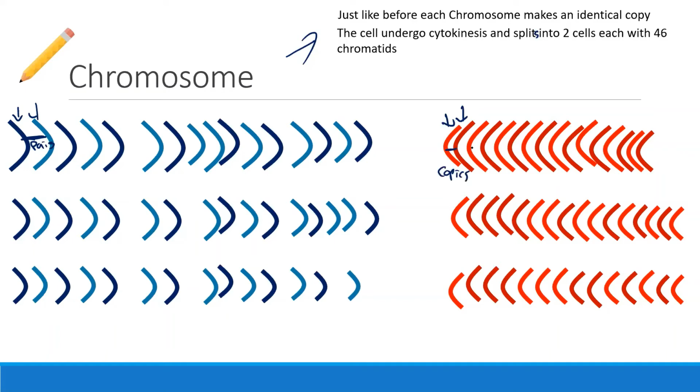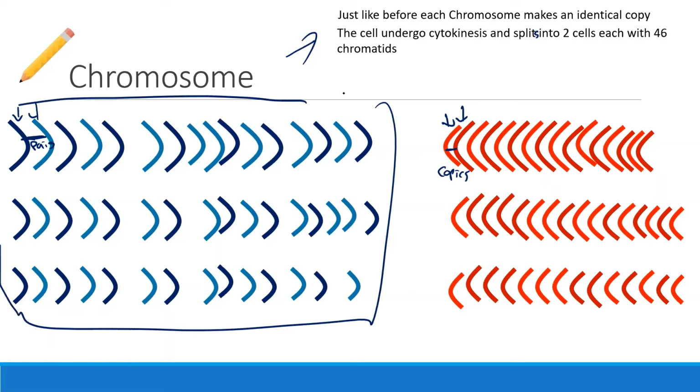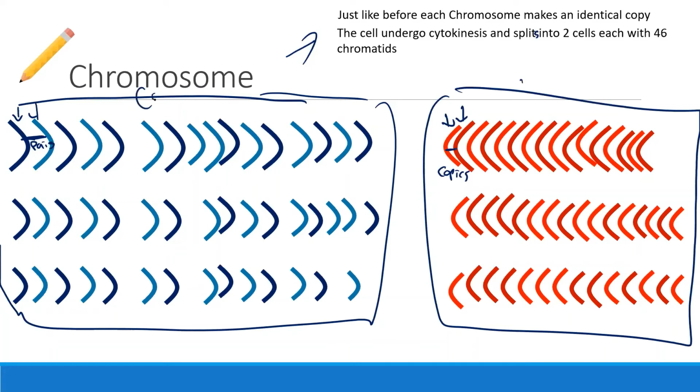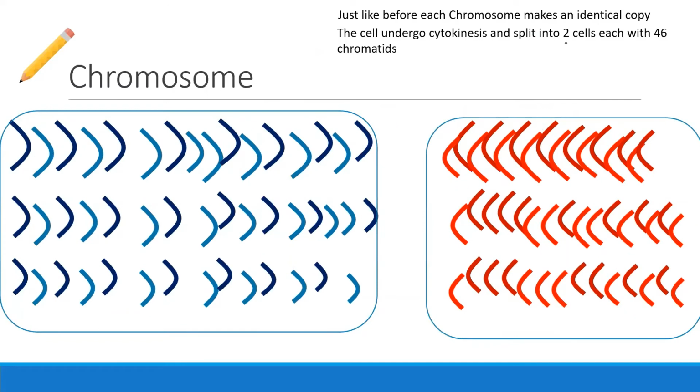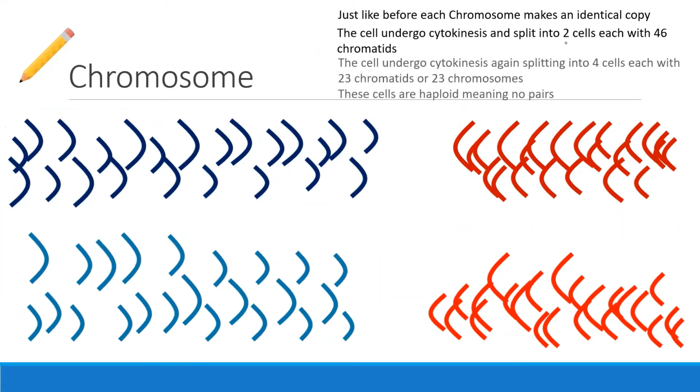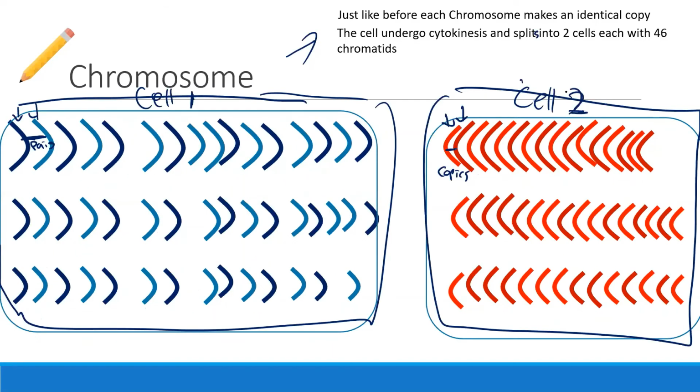Now, if you don't get it, what we're going to do now is, of course, make 2 cells. Here's cell 1 and here's cell 2. Now at this point here, whoa, slow down. I'm not up to that bit yet. Here's cell 2.